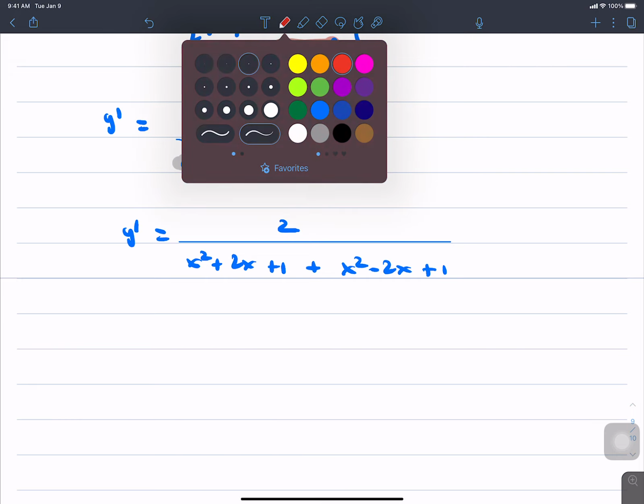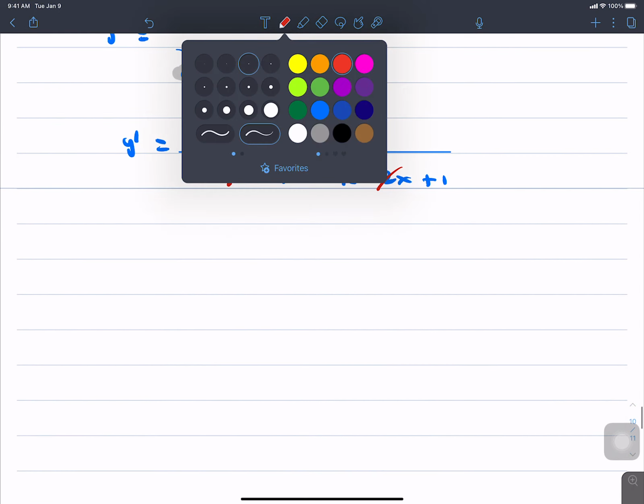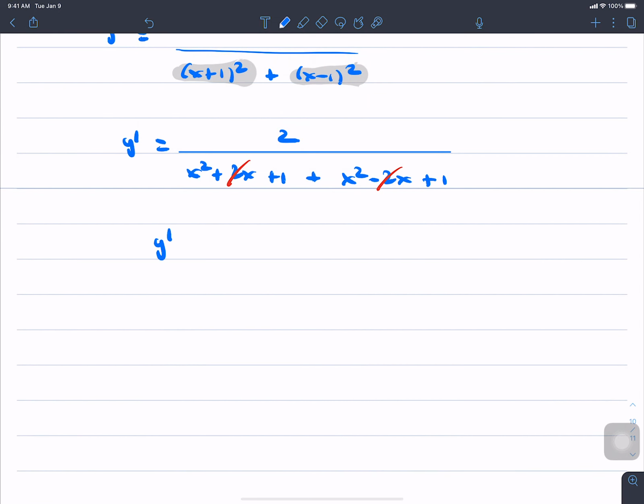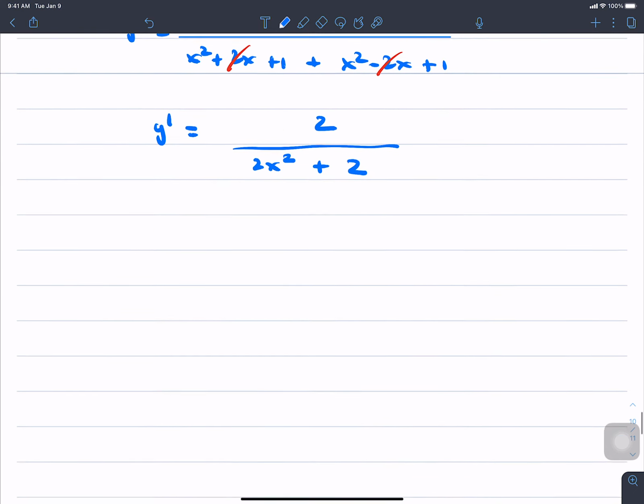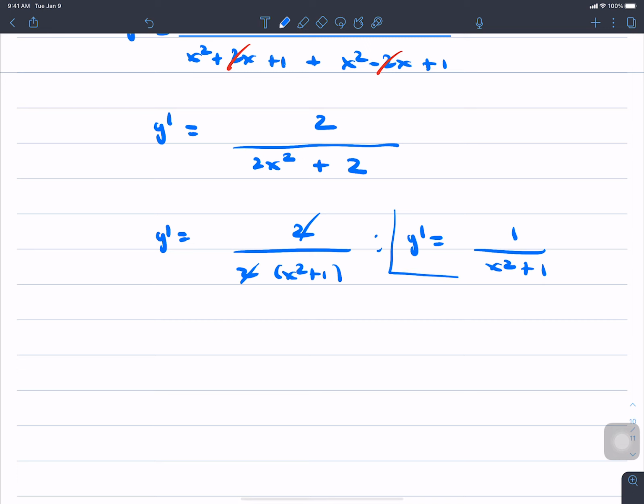So what cancels now is these two x's. So y prime becomes 2 over 2x squared plus 2. And you can factor out the 2. So I have 2 over 2 times x squared plus 1, where the 2's cancel. And then y prime becomes 1 over x squared plus 1.